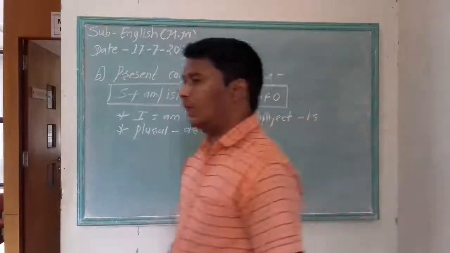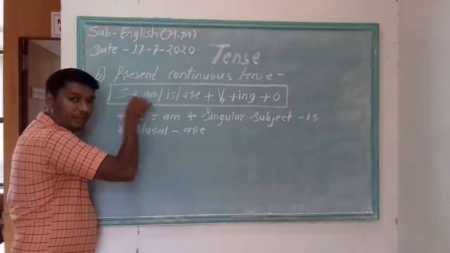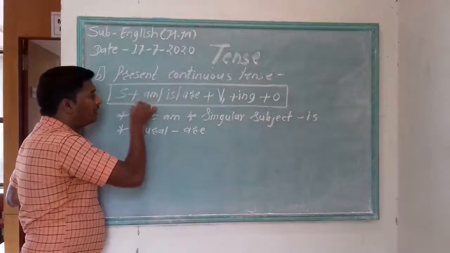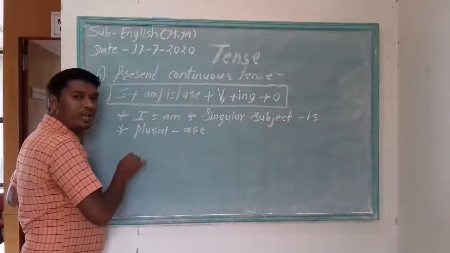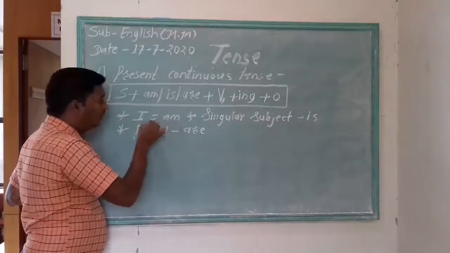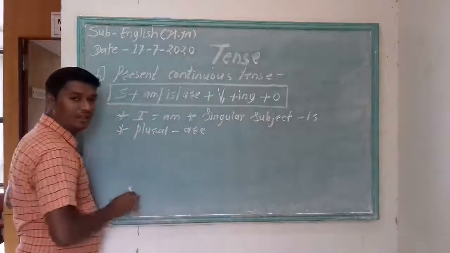After that information, take this structure by red pen and box it: subject plus am, is, are plus V1 plus ing plus object. After this structure, take this information also: I takes am, singular takes is, plural takes are.